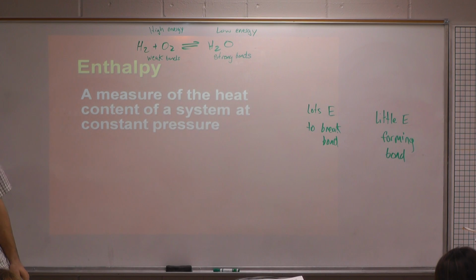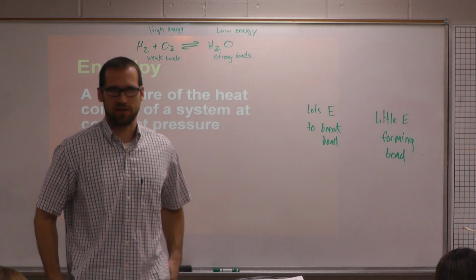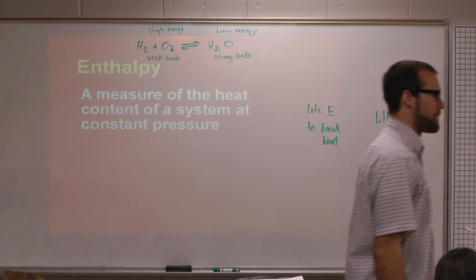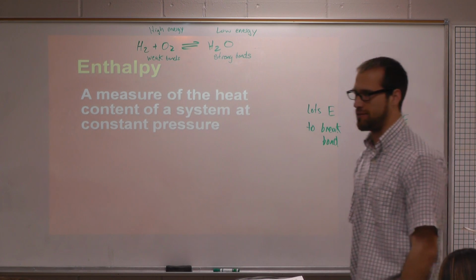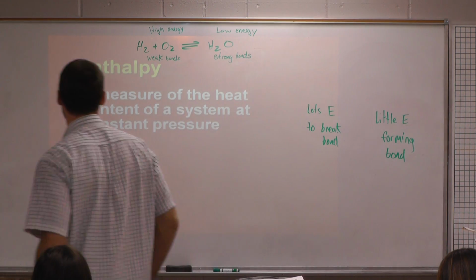All right, here's the main vocabulary we're going to see this whole chapter. It's called enthalpy. And later on in this chapter we'll talk about entropy. Just like molarity and molality were very similar, but slightly different, enthalpy and entropy sound very similar, but they're actually quite different.